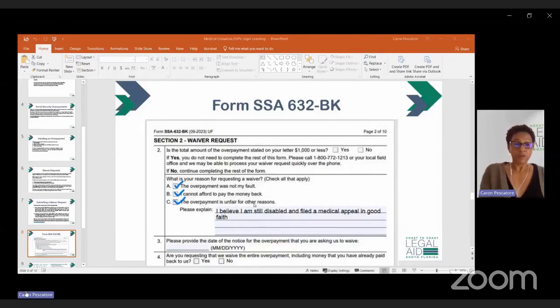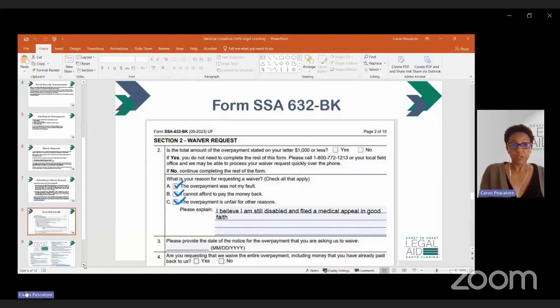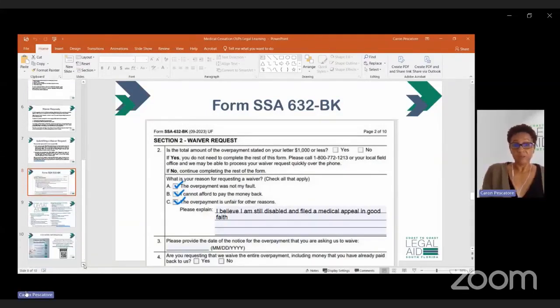Once you have completed the form and submitted it to Social Security, it could take them several weeks to process the document. Sometimes, especially if they're intent on denying the waiver, they will contact you and schedule you for a personal conference.